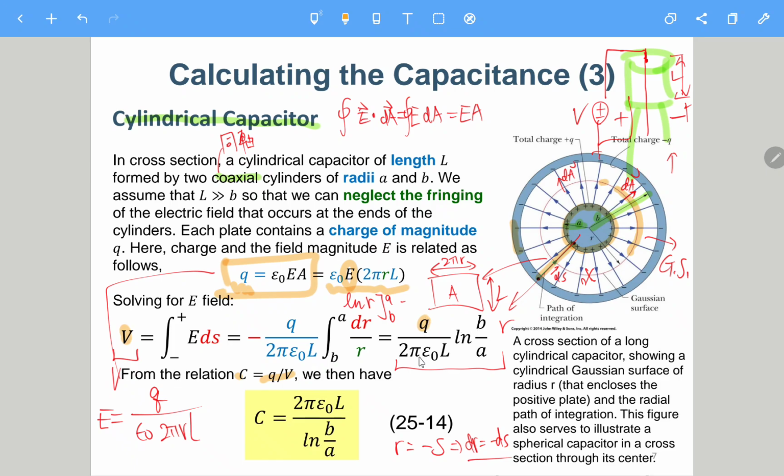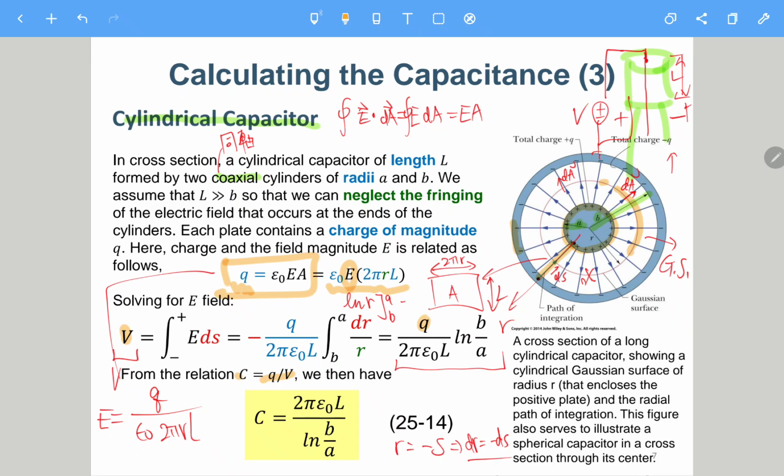Then it will be Q over V. Q over V is C. So finally, C is this thing moved to the left side, so it goes to the top, and this natural log of b over a goes to the bottom. So C equals 2 pi epsilon naught L over natural log of b over a.